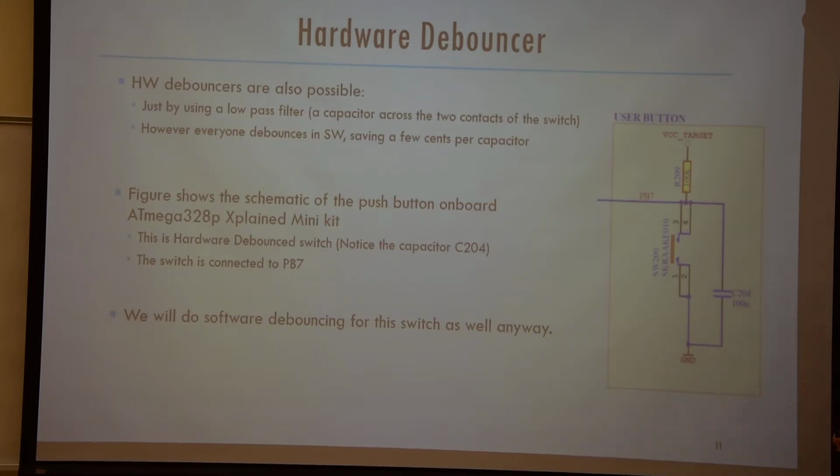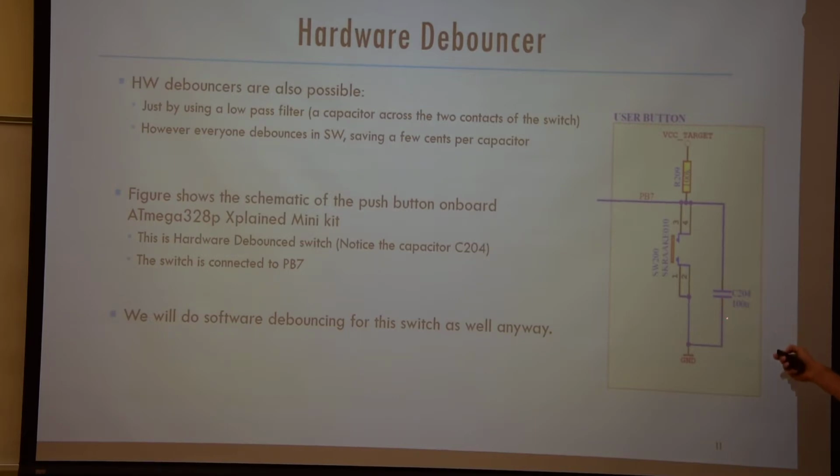Alright, the hardware debouncer. It turns out that your hardware debounce switch actually has a capacitor right here that of course helps to make sure that the bouncing problem, that unreliability, is pretty much resolved by using a hardware debouncer.